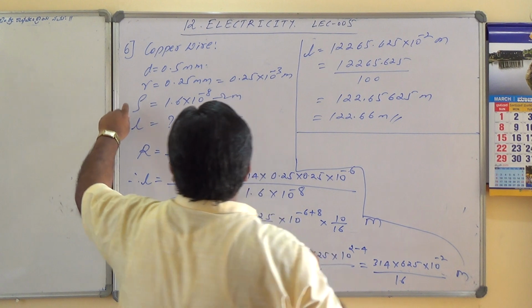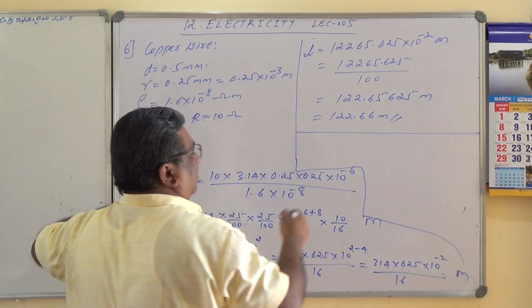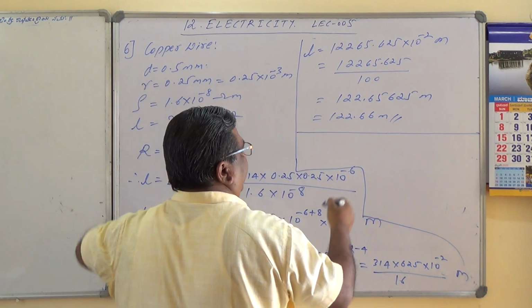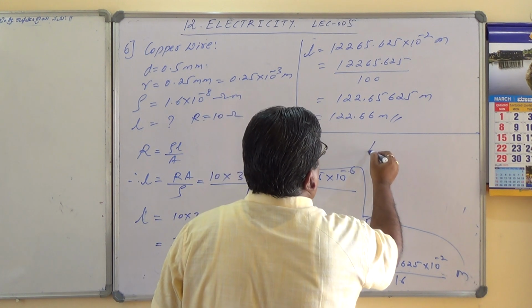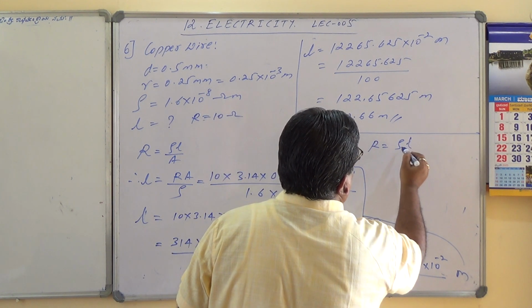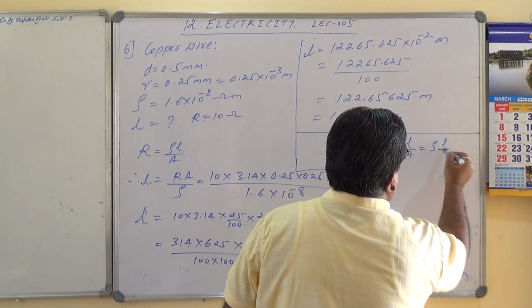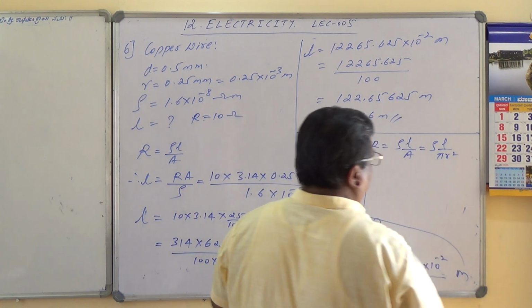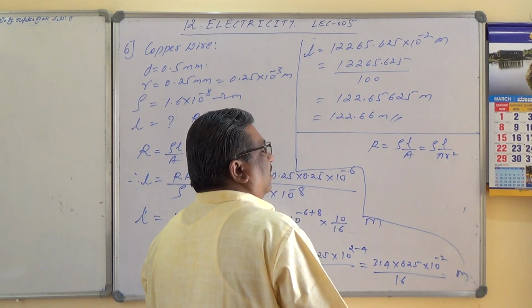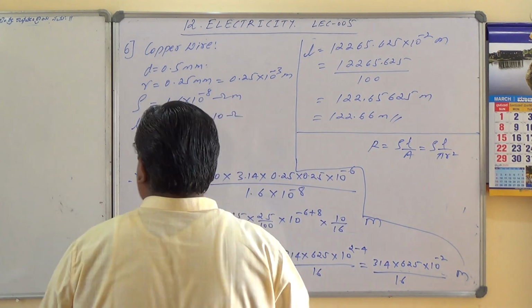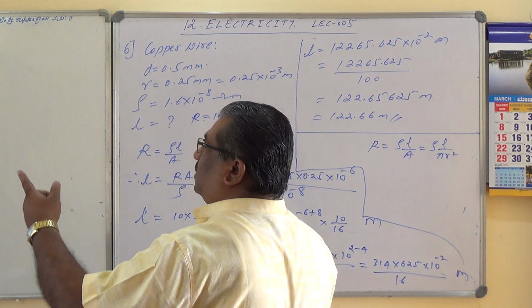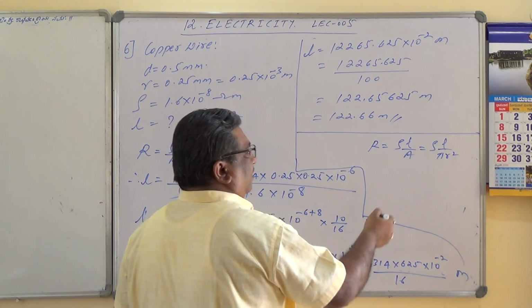Suppose in the beginning, whatever the diameter, whatever the radius, R equals rho L by A. This is in the beginning, which is nothing but rho L divided by pi R square.